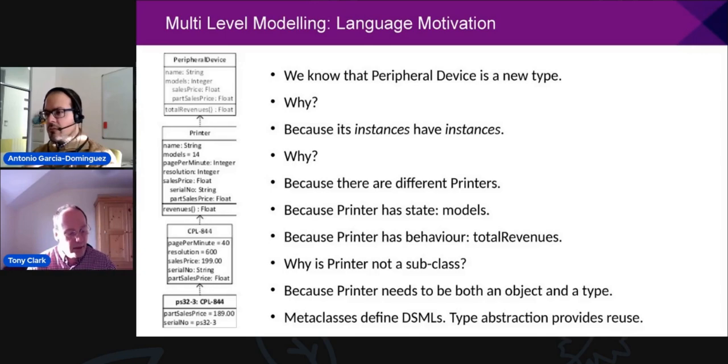Now, when I set out that little diagram at the beginning where I said there's a trade-off between domain specificity and reuse, what we might want to try and do here is, at the level of peripheral device, we're being domain specific, but we've got some information that we know will occur all the way down at PS323, which is abstracting that information up into the peripheral device and allowing it to be reused.